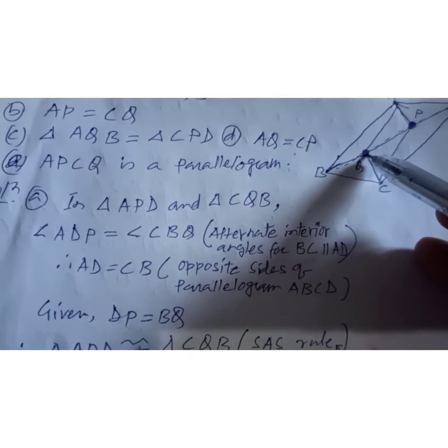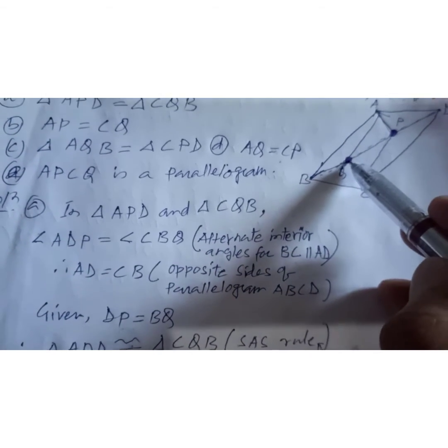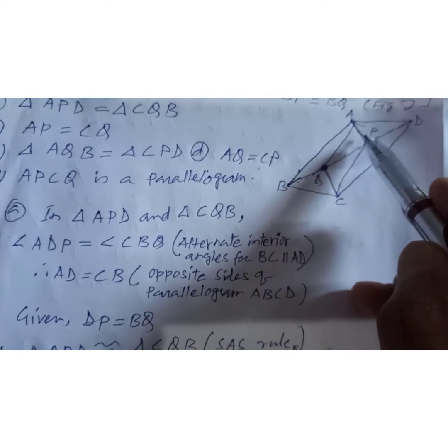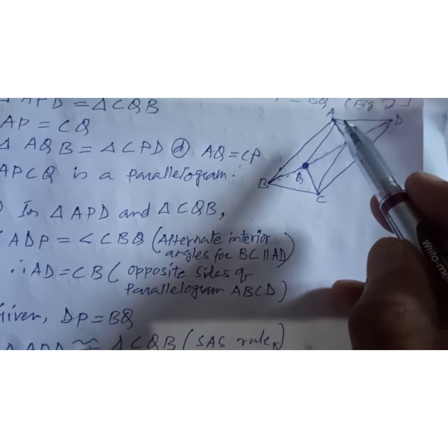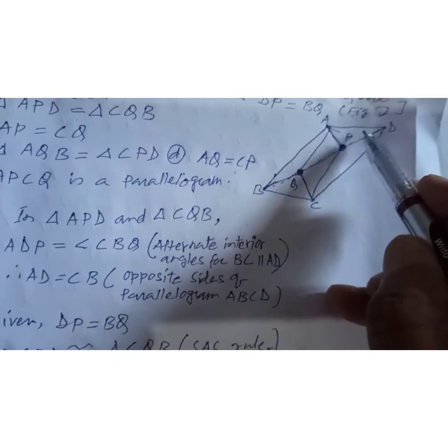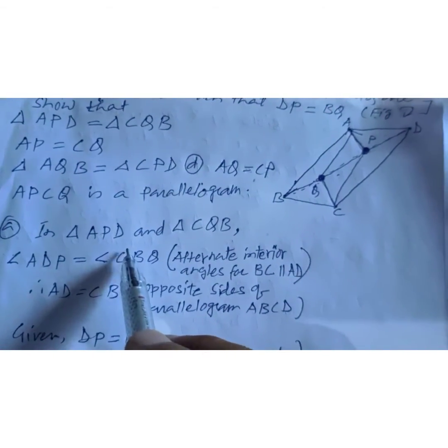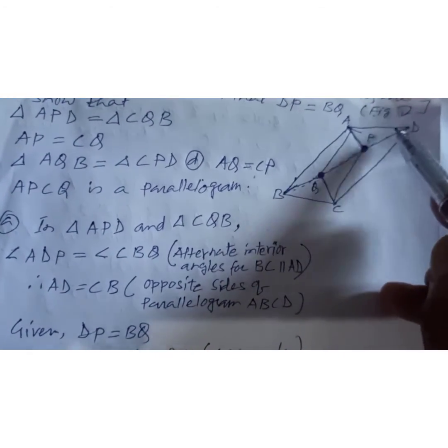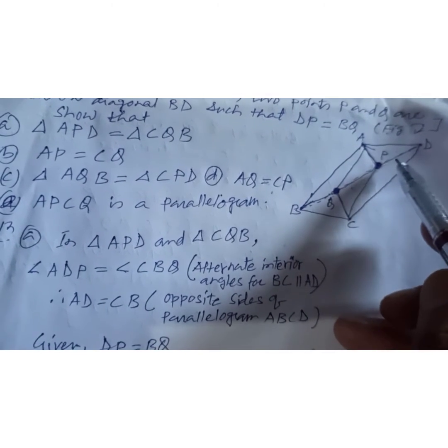So now what happened? In this parallelogram ABCD we have taken two points, P and Q, on the diagonal BD such that DP equals BQ. The distances should be equal, that means equal measurement.